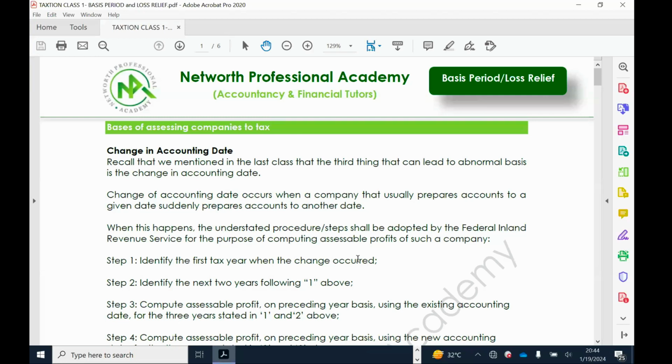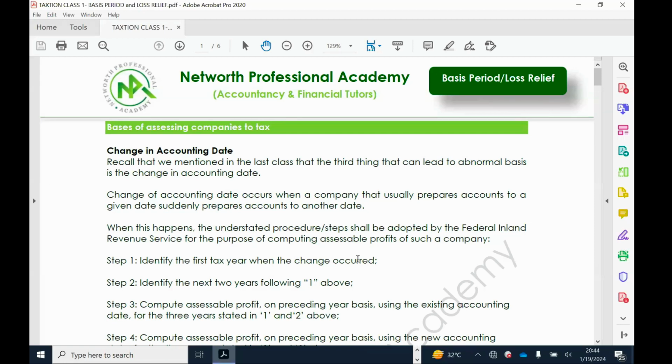Okay. So then we moved on to talk about the fact that abnormal basis can be caused by three popular situations. Number one is when a company is just commencing business.